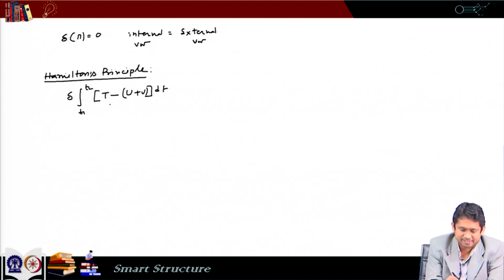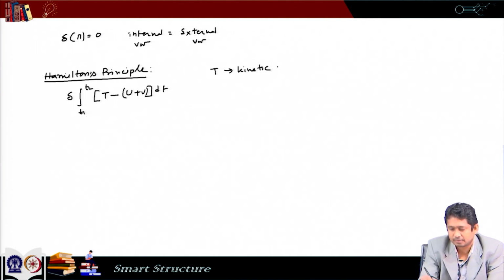So, T is kinetic energy, U is strain energy, and for our case, V is the potential of the applied load.